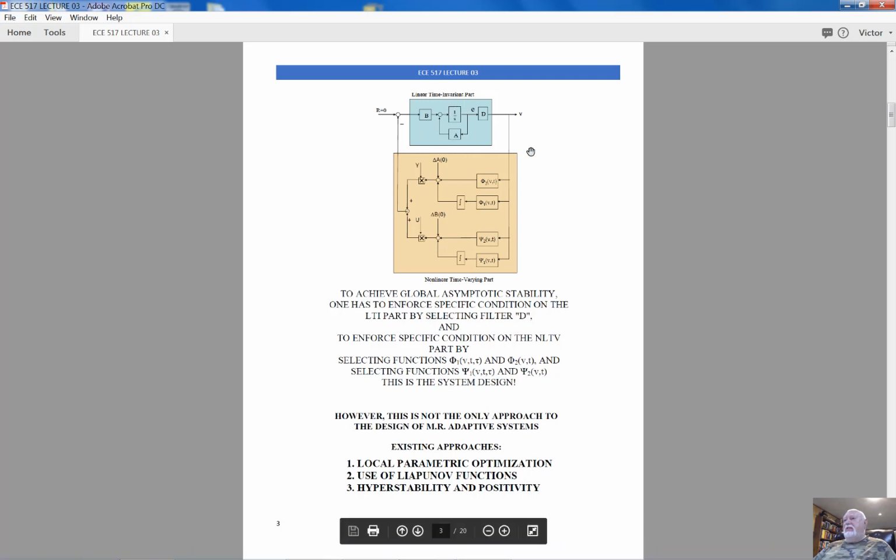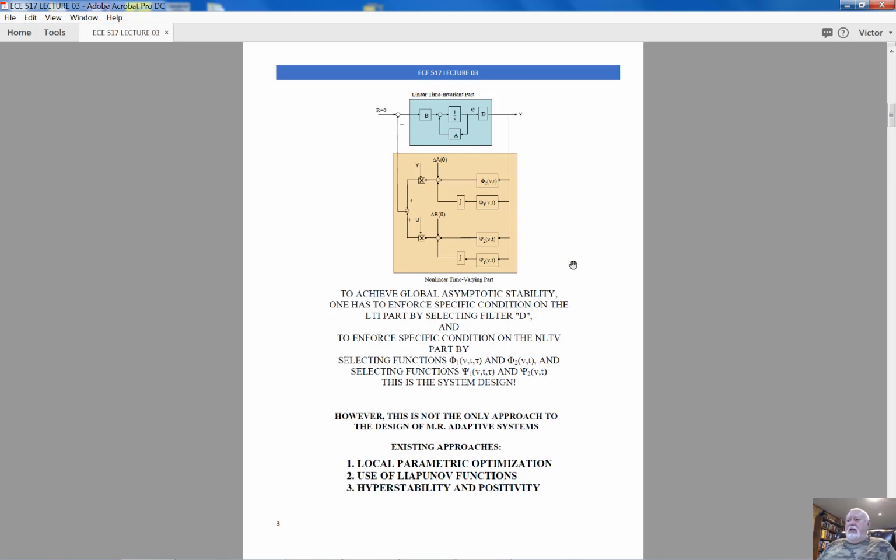And this is what we will get as a result. Our system is supposed to be represented by this configuration. The linear time invariant part now has a specially defined matrix D. And in the nonlinear part, we will have to define matrix functions psi2, psi1, phi2, and phi1.